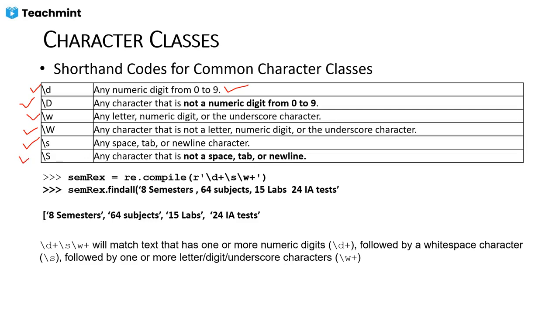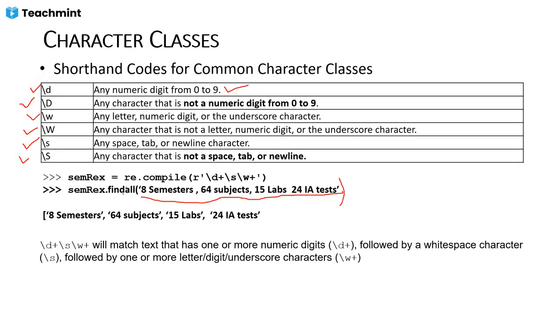Now, in my sentence, I have to check this format: 8 semesters, 64 subjects, 15 labs, 24 IA tests as my input. How to try this one? What and all characters are allowed? Slash d is allowed because 8, 64, 15, 24 are numbers.